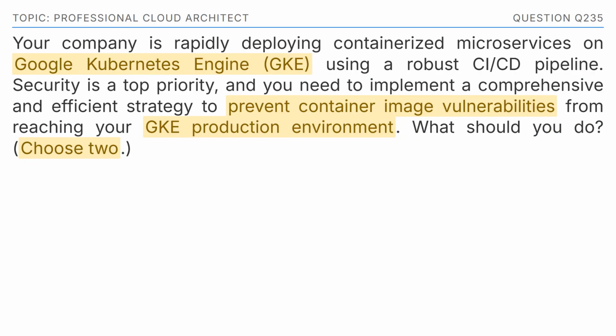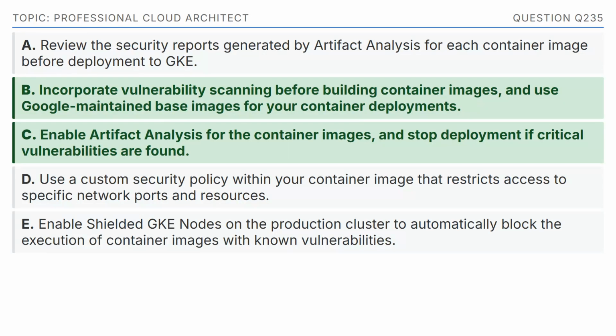To arrive at the correct answer, we focus on the keywords: Google Kubernetes Engine, GKE, prevent container image vulnerabilities, GKE production environment, choose 2. The correct answers are option B, incorporate vulnerability scanning before building container images, and use Google-maintained base images for your container deployments. And option C, enable artifact analysis for the container images, and stop deployment if critical vulnerabilities are found.